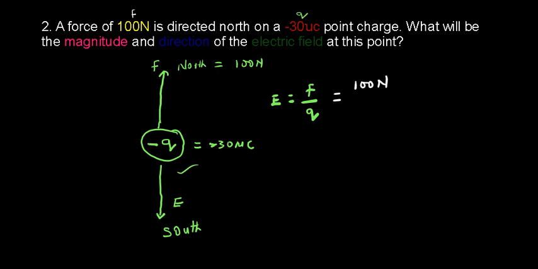Our charge is 30 times 10 to the power negative 6 coulombs, converting to coulombs. So we are going to have 3.3 times 10 raised to power 6 Newton per coulomb. So this becomes our answer.